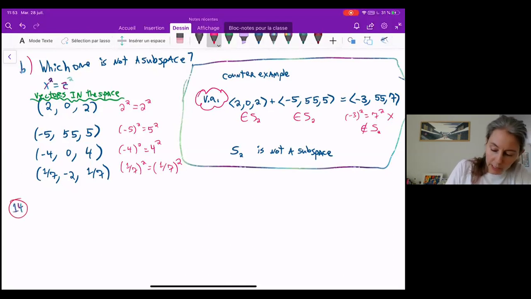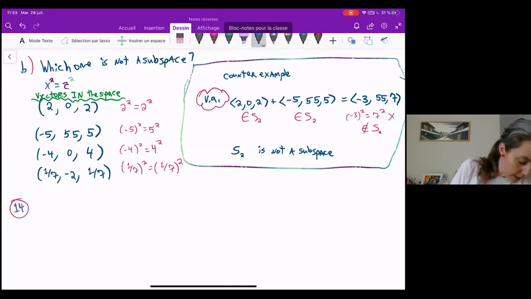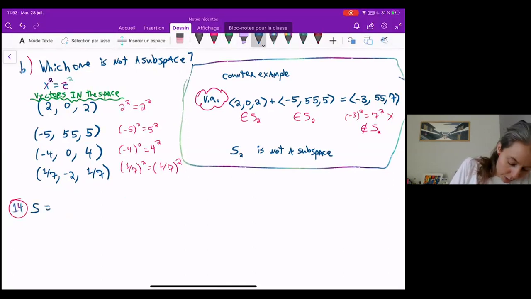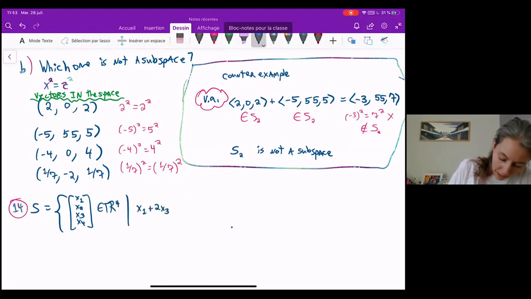So number 14: we're given a space S equal to vectors in R4 such that x1 plus 2x3 is equal to x2 plus 2x4.